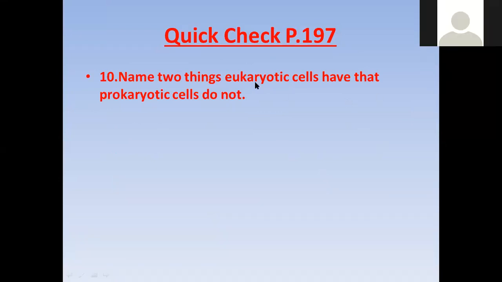Eukaryotic cells are the largest cells. You can see a nucleus. Eukaryotic cells have a nucleus, but prokaryotic cells don't have a nucleus. Yes, okay, thank you, Julie. Welcome.